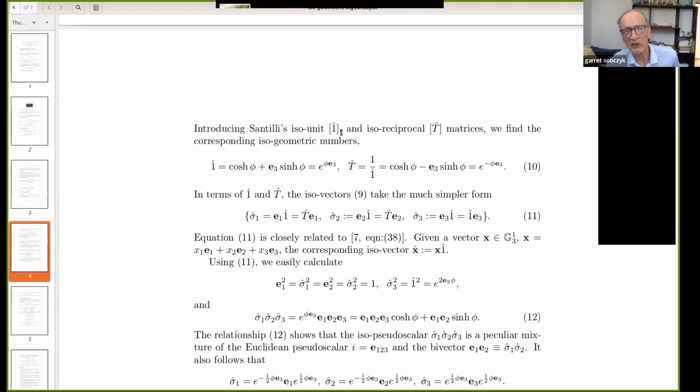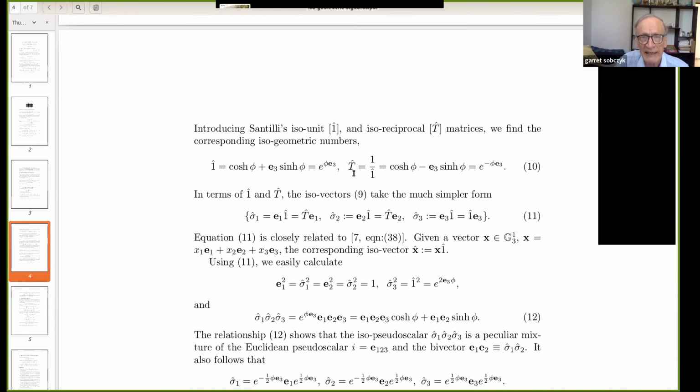Okay, but then we have what's called an iso unit, a very important idea, which arises in isogeometric algebras. In this case, the iso unit is cosh phi plus E3 sinh phi. So it's a mixture of a scalar and a bivector, but it can be nicely written as e to the phi E3.